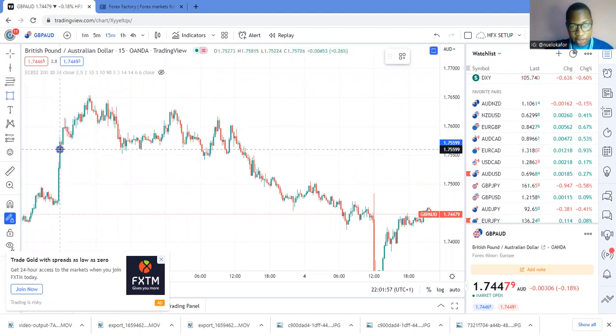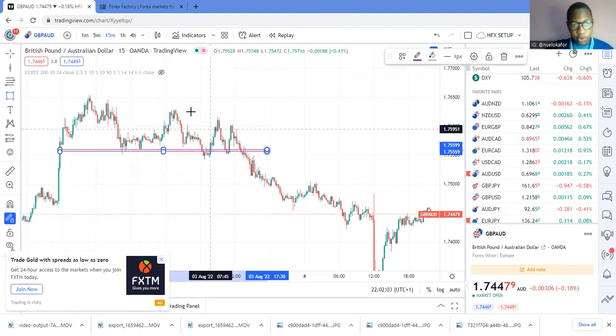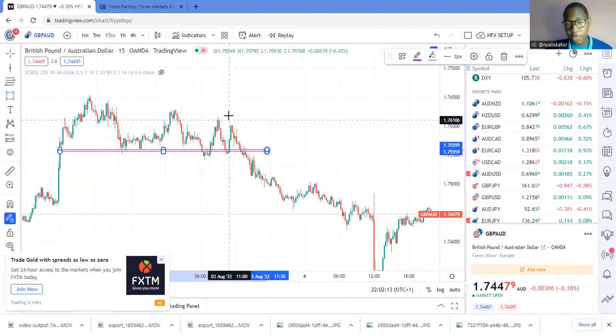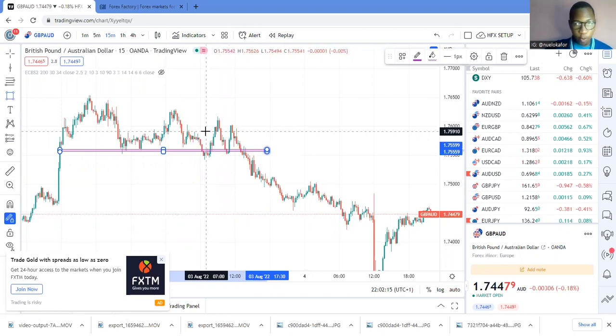You can see this area now is a bit of a support, right? Because you can see that price came here, bounced off, went off, came back a bit, bounced off, not so much, broke it a little bit, but then bounced off again, came up, bounced off. So that area is called a support. You can see it as the floor. Assume you're in a room and you can see it as a floor supporting someone standing, okay?